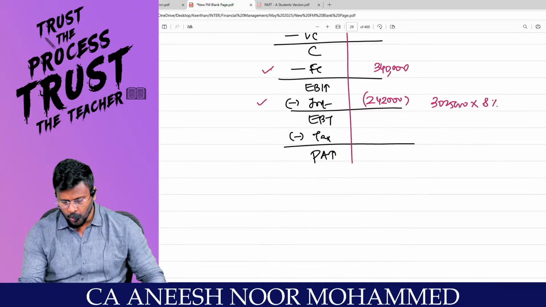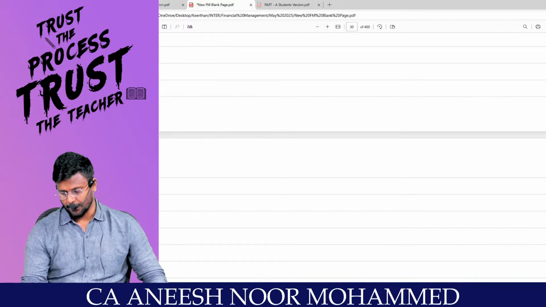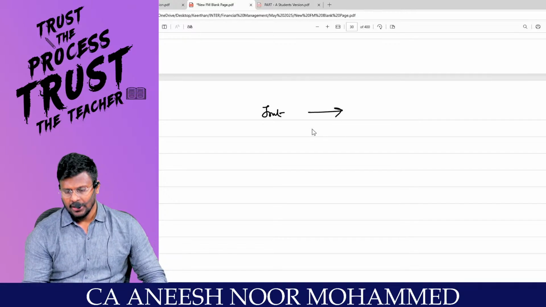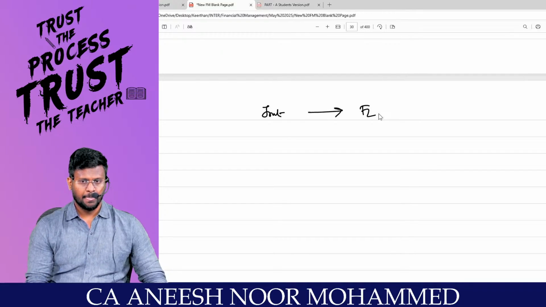I will tell you how to open the route and what controversy you will get if you open the route. First, is interest given in the question? With the use of interest, I can proceed to the financial leverage.